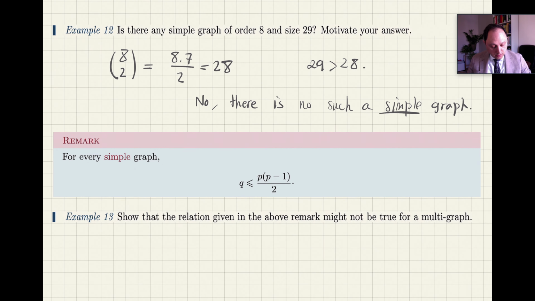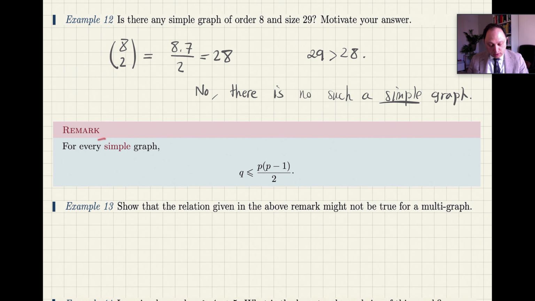Okay, and then you can realize that this is the remark. If I have a simple graph, the number of edges is at most equal to p times (p minus 1) divided by 2. That's exactly the same scenario.